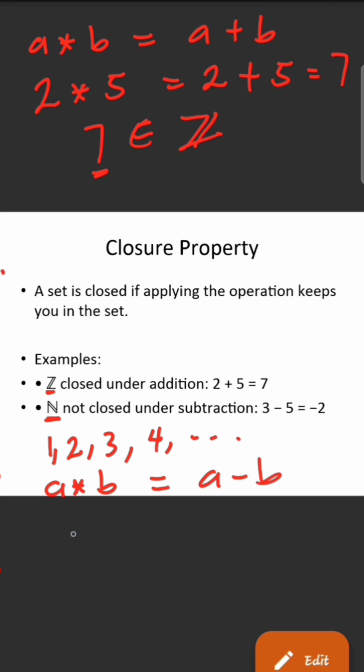So now, let's pick two numbers from the natural numbers. 3 is a natural number, 5 is a natural number. Forget about what is in between them. So now, let's say we have 3 operation 5, according to this operation that we are given here.